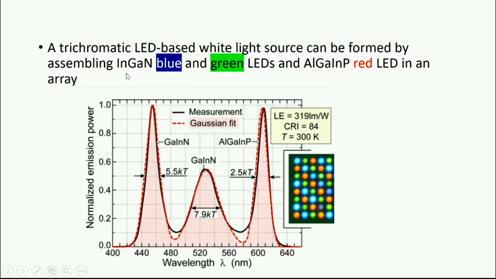How will you generate white LED light using indium gallium nitride and aluminum gallium indium phosphide, okay? Here we are using indium gallium nitride for the blue and green LEDs, and the red LED using aluminum gallium indium phosphide, AlGaInP. These are the primary colors. This is the peak of blue, this is green, this is red, right?